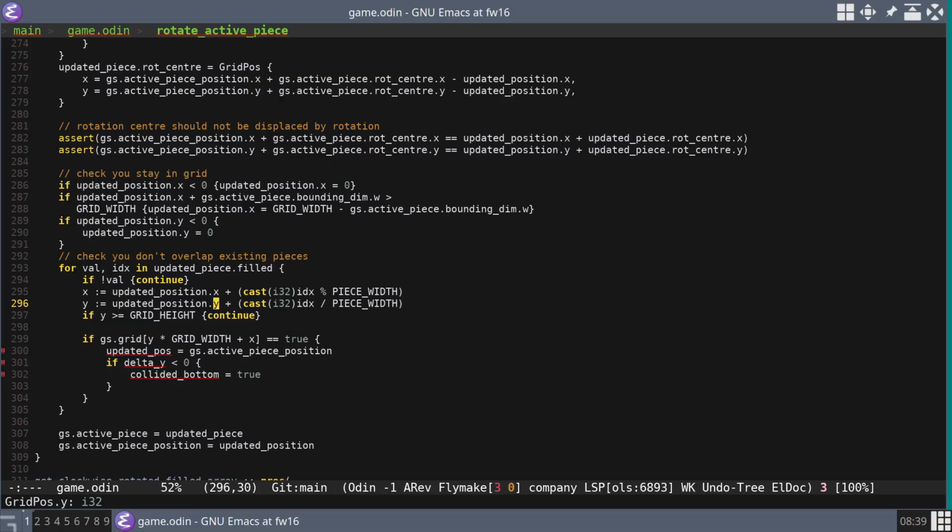If Y is greater than or equal to grid height, we don't care. Updated position X plus that. If updated pos equals this, if that, then we don't move you, is what this is saying.